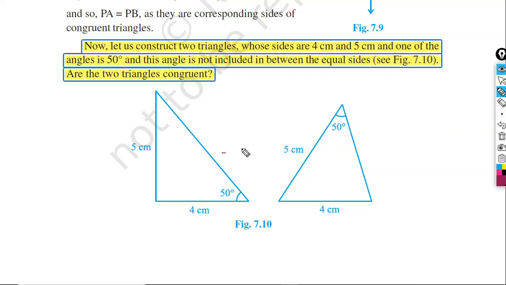Another rule for congruency is that the two triangles must coincide. Congruency means the two triangles are exactly equal. Here the two triangles will not coincide.